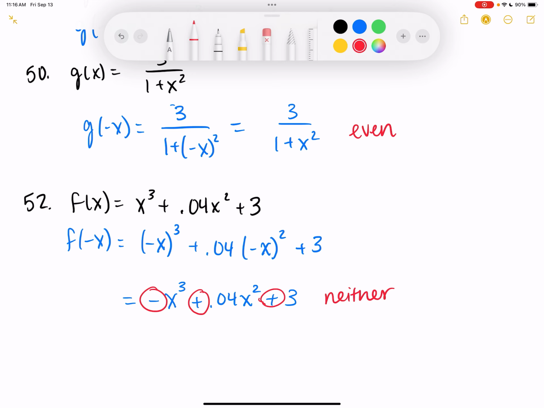Once you get rid of the exponents, why? Is x cubed not x cubed? I know it is, but when you did negative x times negative x times negative x, isn't that negative x cubed? Yeah. Oh, that makes sense.